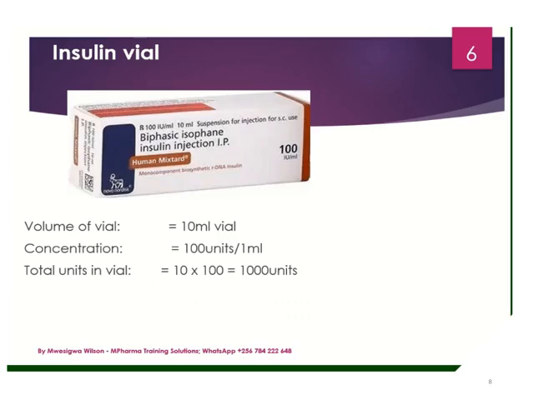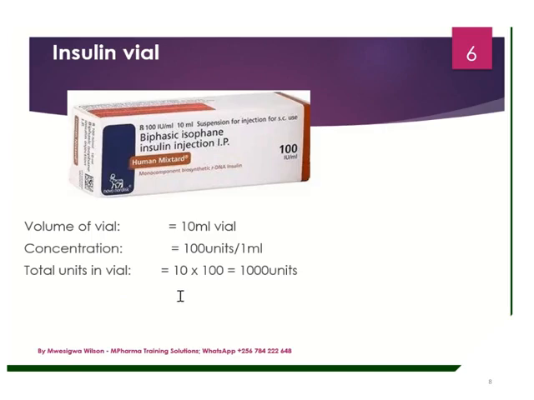So I have this drug here. This is biphasic isophane insulin injection, Indian Pharmacopoeia IP. This is 10 mil, which means that the volume of the vial is 10 mils. The concentration or the strength is 100 international units per mil, which means that you can easily determine the quantity of units in the vial.